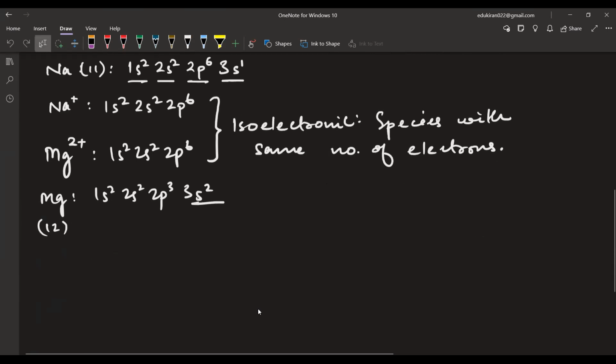So write the electronic configuration for Fe2 plus and for Cu plus. Okay, so first of all, we will write for Fe and Cu. After that only we will write the electronic configuration for Fe2 plus and Cu plus.